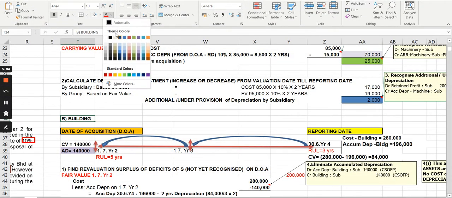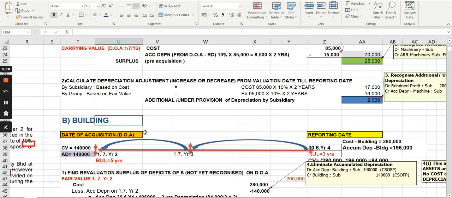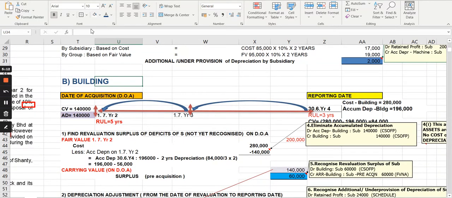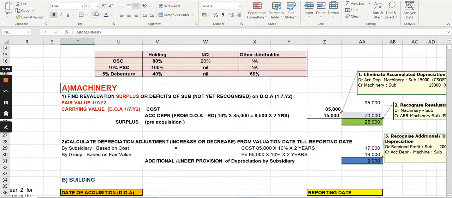I will put it blue, and I will enlarge the size so that you know which one is related to which. But it seems that when you enlarge the size, it also disturbs the other settings. So I just reduce the size and I just change the color.